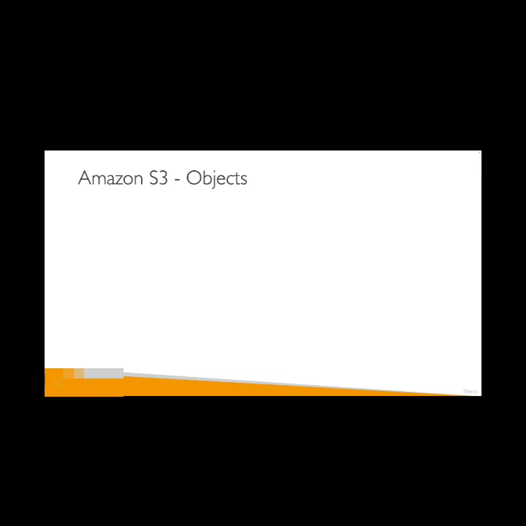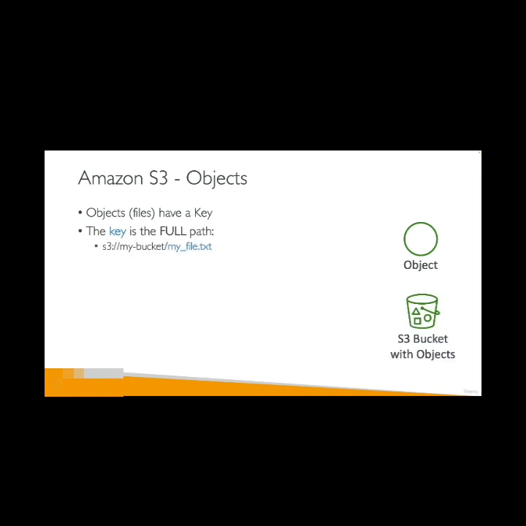Now let's talk about objects. Objects are files and they have what's called a key. An Amazon S3 object key is the full path of your file. If you look at my bucket, this is the top-level directory, then the key of myfile.txt is myfile.txt.